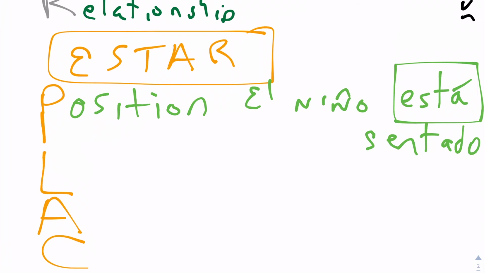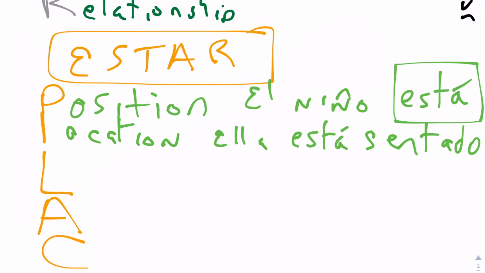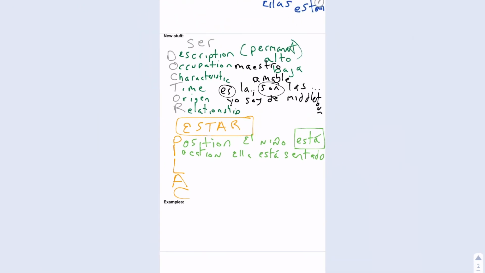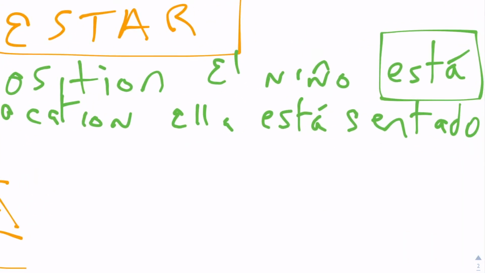So if you want to say someone is in the classroom, you could say ella está en la clase. Or en la sala de clase. El salón de clase would work as well.